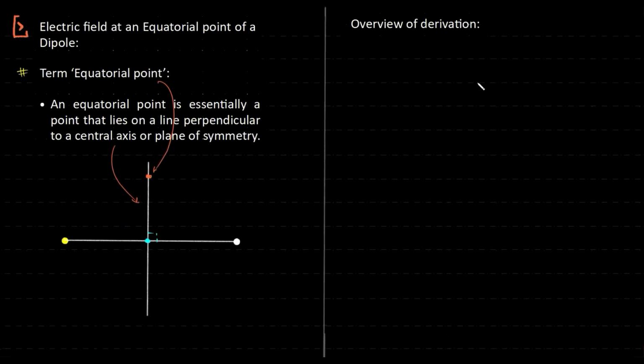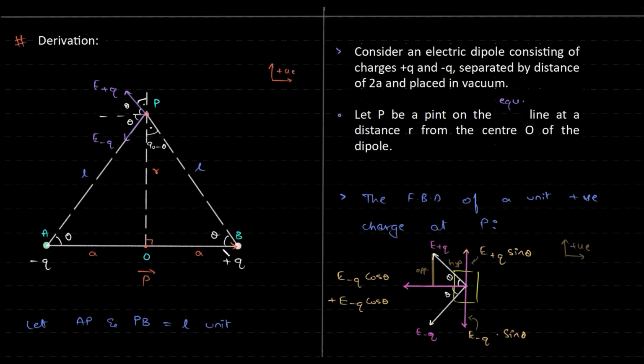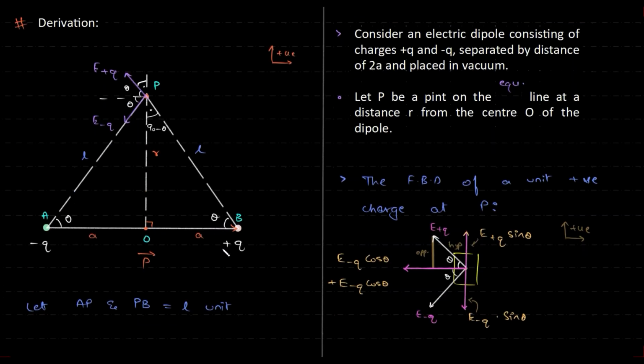So what is it that we looked at? We have dipoles. A dipole has a line connecting the charges, and we saw what happens to the electrical field along the dipole length. Now we're looking at the equatorial point, the central axis which divides the dipole into 2 similar structures. All we did here was quite simple. We drew a good diagram. We named all the things needed, including the angle.